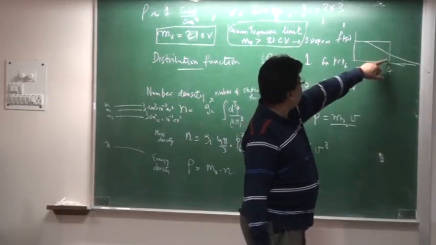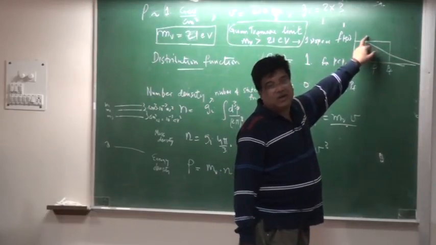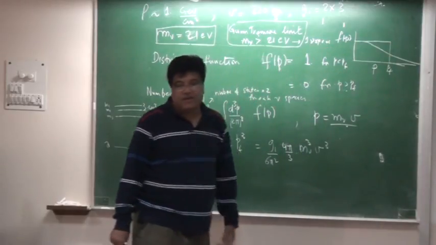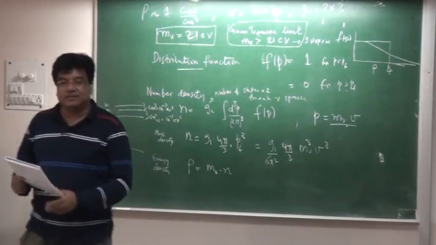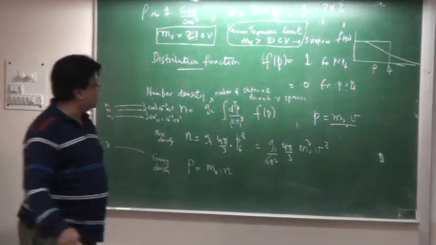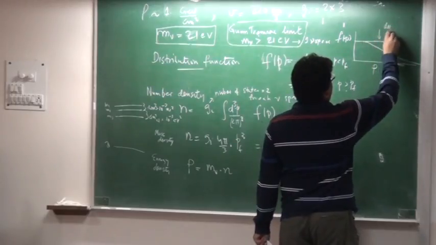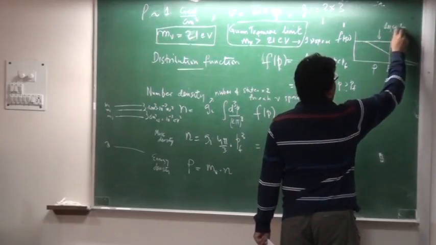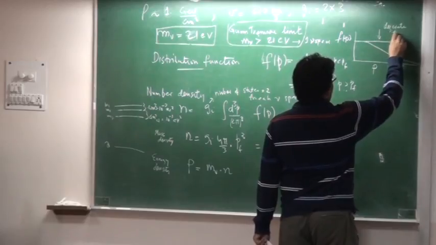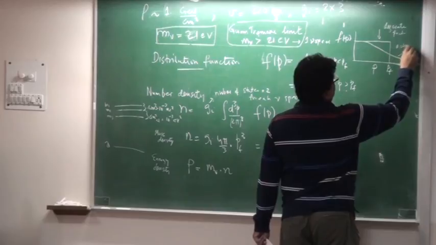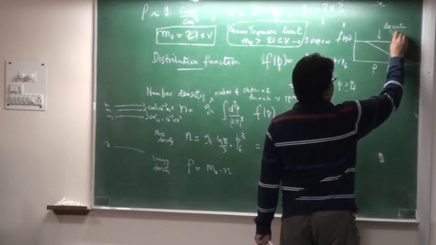So we calculated for the maximum degeneracy, which means we calculated the minimum mass which will give you the rho. This is the degenerate stacking, and this is the actual distribution.